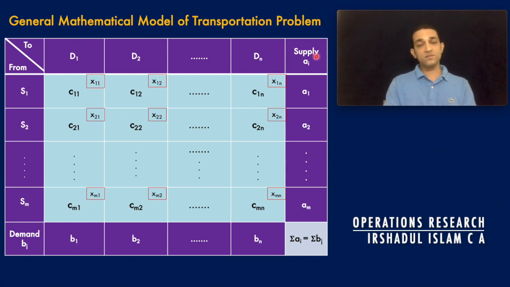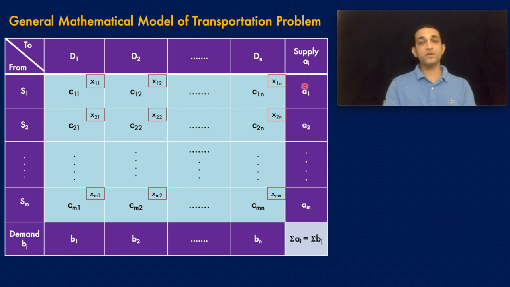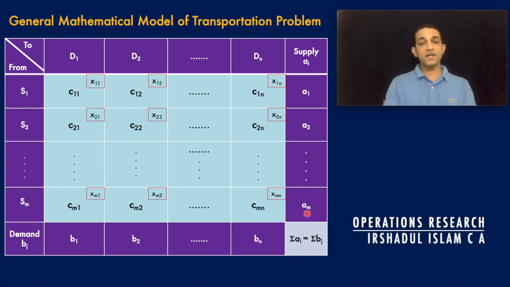And in the last column you just see the supply. For each source it will be able to supply a particular number of products, that is A1 is corresponding to S1. Similarly, these columns are representing the supply part. And the last row you can see it's a demand part. For each destination center, or if it is a warehouse, then it will require some demands.